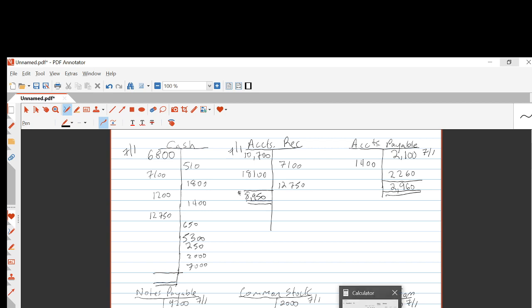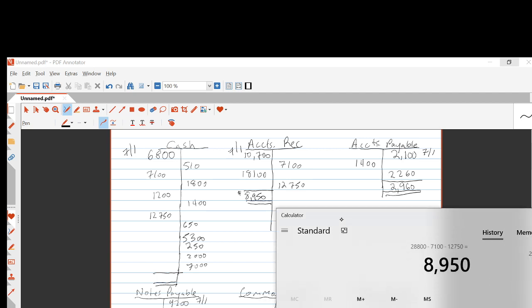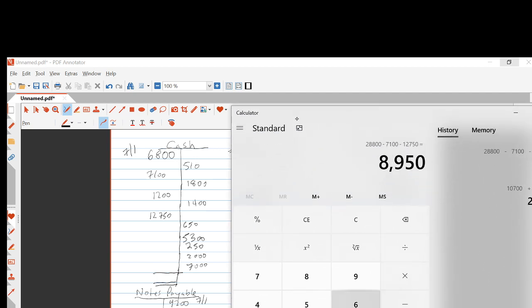We have to add 6,800. Can't get this thing to go up to the top.